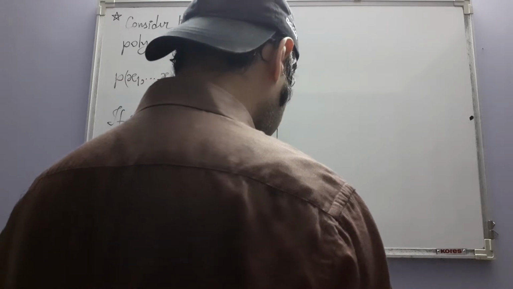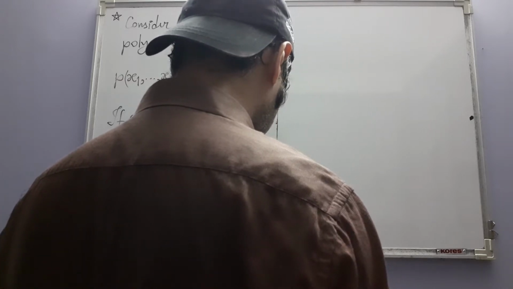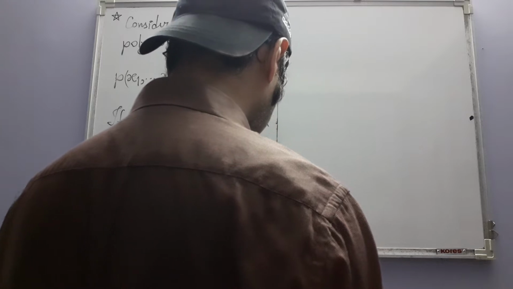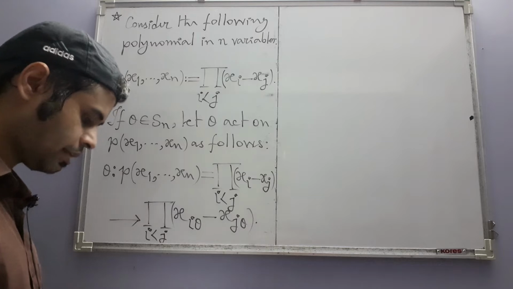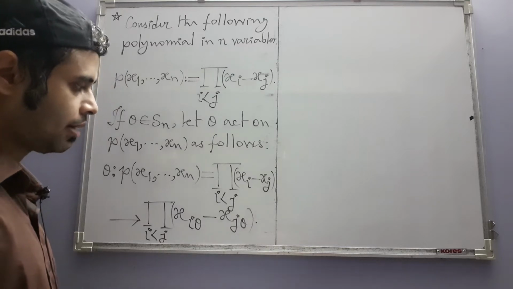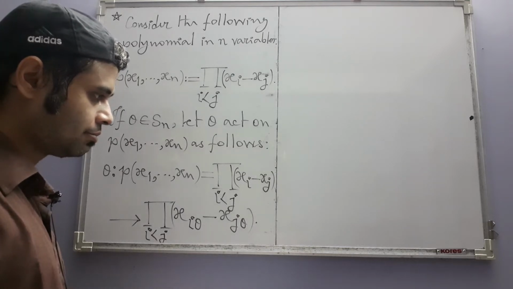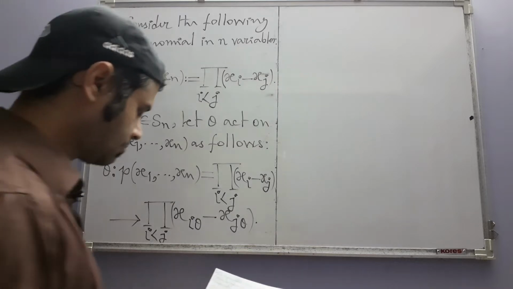And the example that Herstein has taken is this. Before the example he writes something else. Should I write it now or should I write it afterwards? Let me write it now itself.